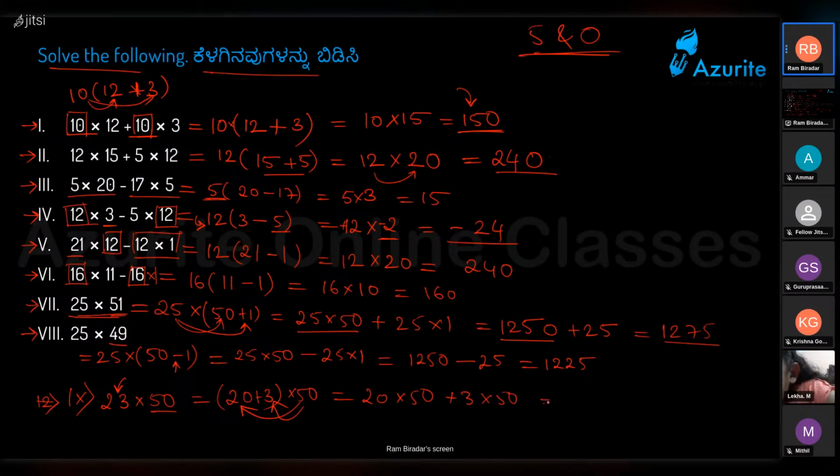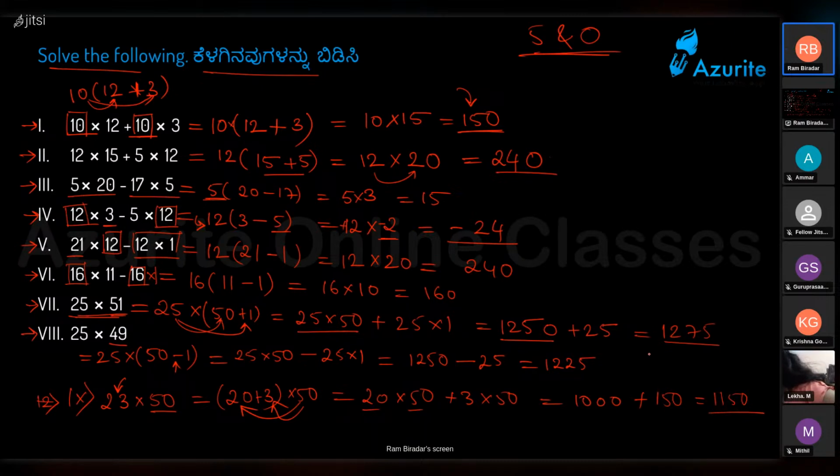Okay, next, 20 into 50 is how much? 2 fives are 10. So there are two zeros, so add two zeros here, so it will be 1000. Next, plus is there. 3 into 50 is 150. So 1000 plus 150 will be 1150. That is the 1150 answer.